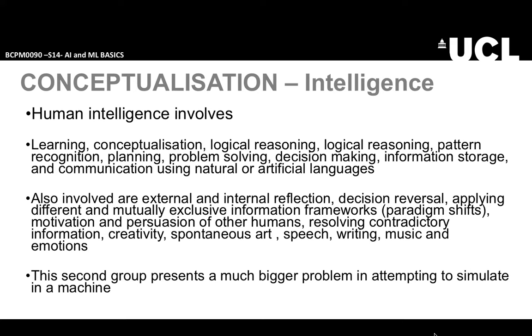Here you can see that human intelligence involves learning, conceptualization, logical reasoning, pattern recognition, planning, problem solving, decision making, etc. But even more importantly, human intelligence includes external and internal reflection, decision reversal, paradigm shifts, motivation and persuasion of other humans, ability to resolve contradictory information, creativity, spontaneity, emotions, and definitely this second group represents a much bigger challenge when we try to simulate this intelligence in a machine.